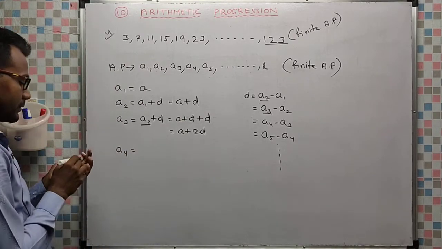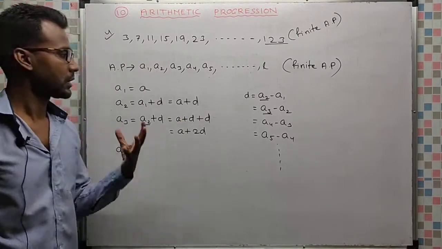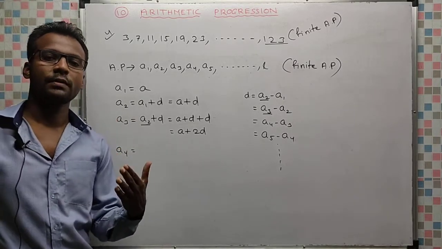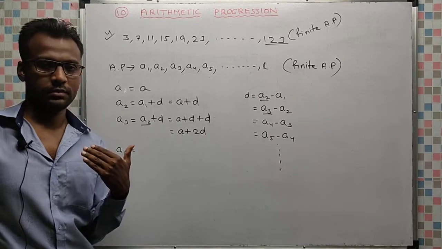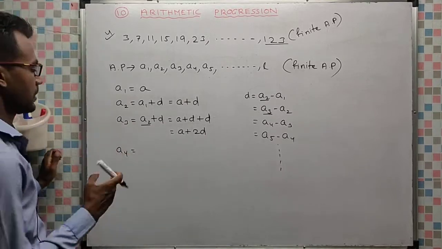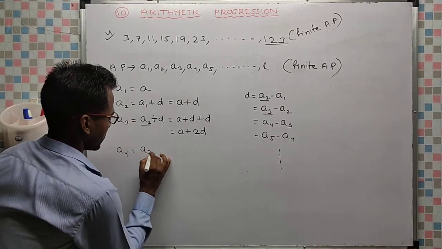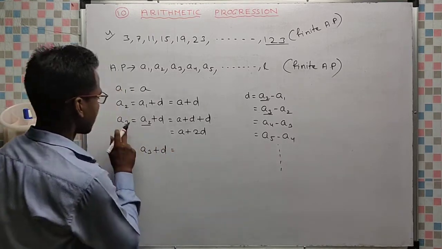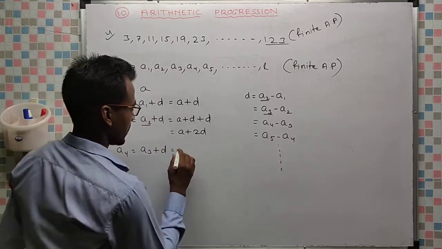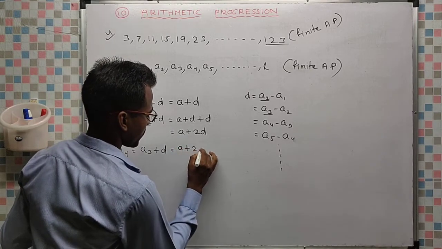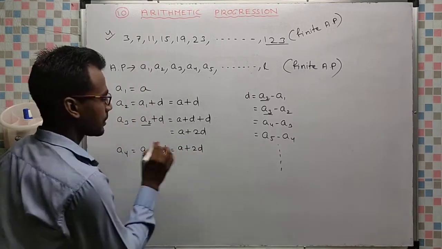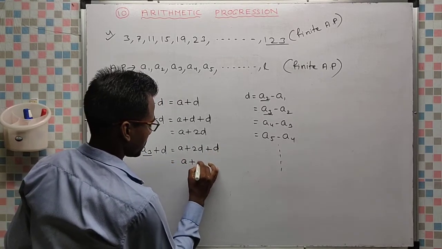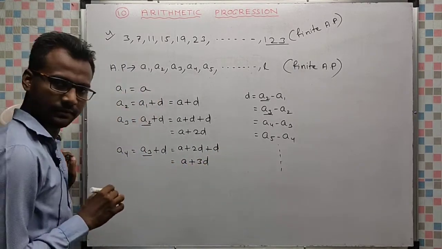Now let us find A4. The rule is you can get any term by adding the common difference to the previous term. So how to get A4? A3 plus d. What is A3? a plus 2d, plus d, which is equal to a plus 3d.